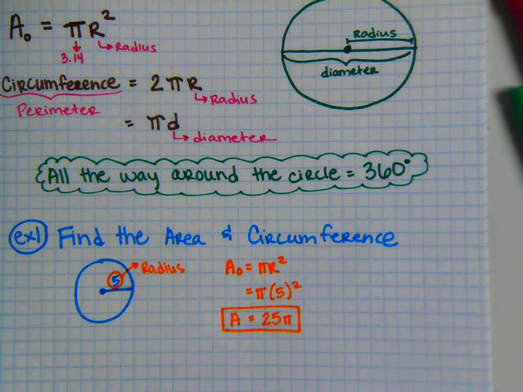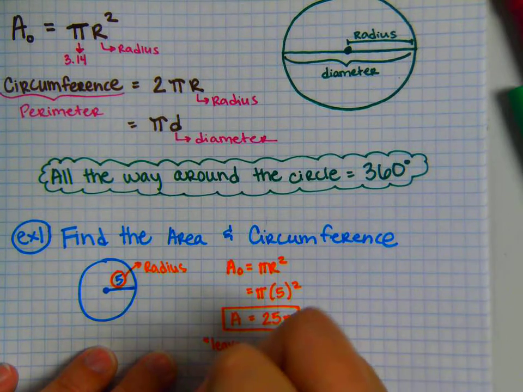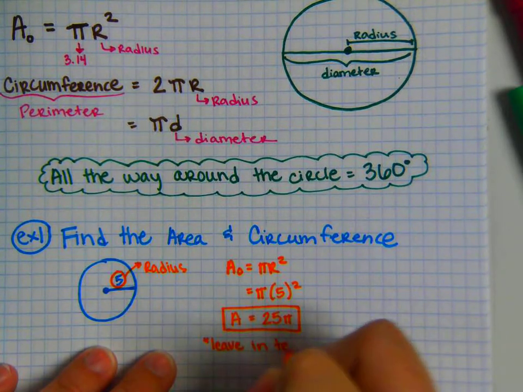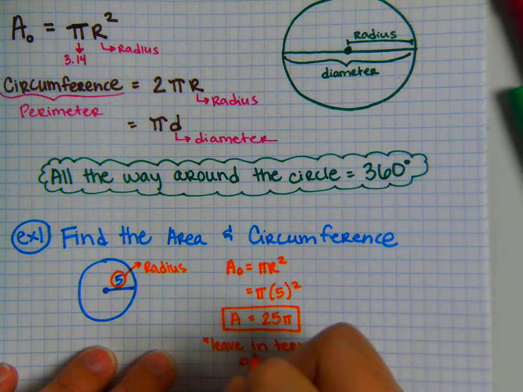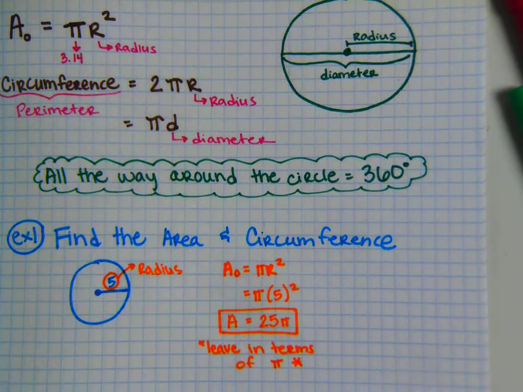That is the most exact answer. There will be very rare occasions where you're going to plug in 3.14, and if you have to, it'll tell you to do that. But in this case, just leave it in terms of pi.